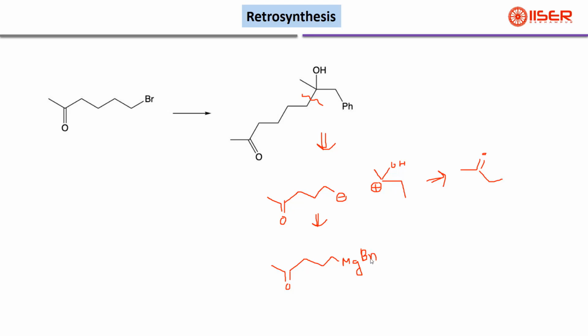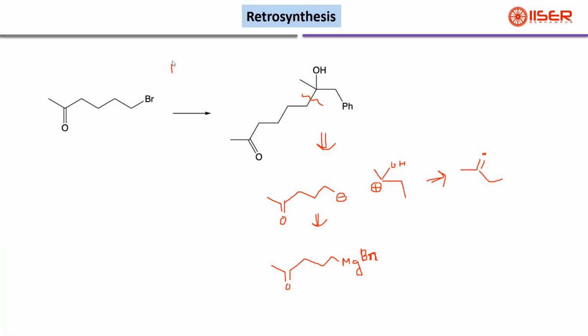So the combination of reagents is, before performing a Grignard reaction, if there is a keto center, the magnesium can coordinate with that one. So we have to protect the keto center.